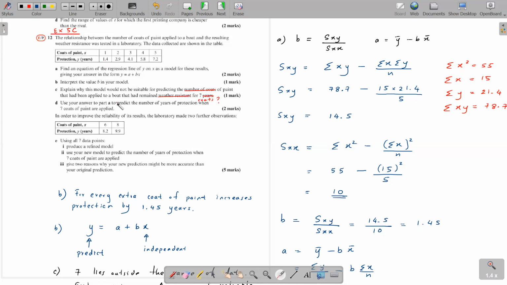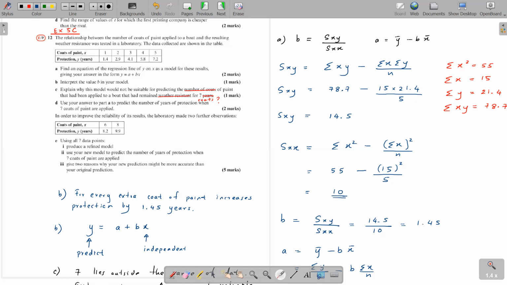The more points you use, the better your line is. So you can say the second model in part E has more data points, therefore it is better than the previous model. So these are the reasons that you can give.